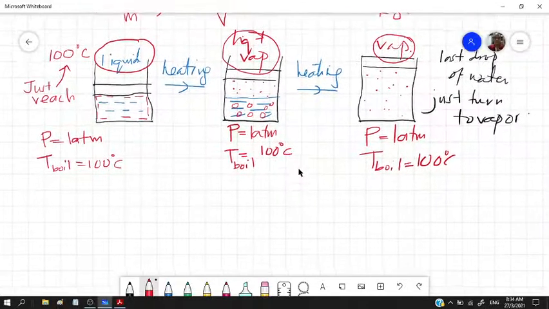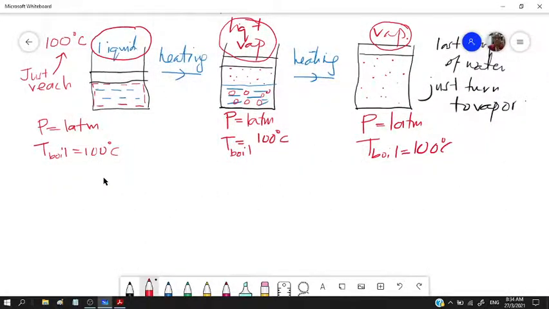The water will start to boil at atmospheric pressure when it reaches 100 degrees C. So we assume this state has just reached 100 degrees C. We keep heating, and then the phase change will happen. More liquid will become steam, or vapor.